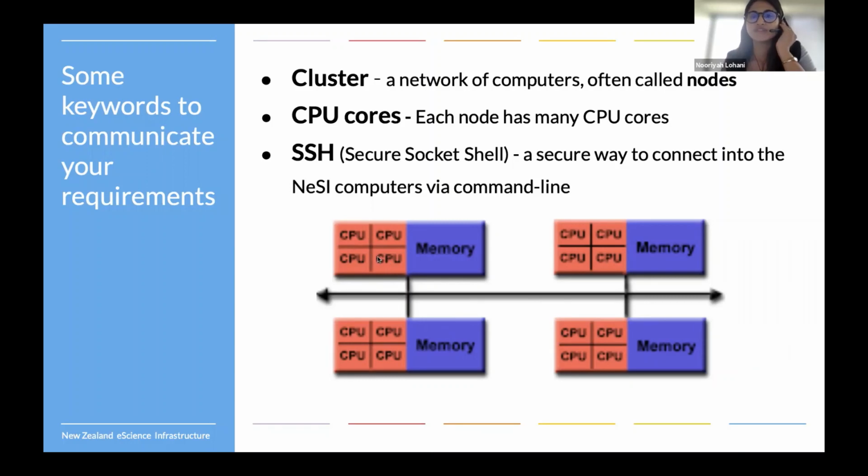And for reference, your laptop might have 2 cores or 4 cores, whereas the NeSI system has 1,000 cores. So that just gives you a reference for the scale we are talking about when you think of NeSI. And then there's SSH, which is a word that comes up very often, especially when you're getting started on NeSI.